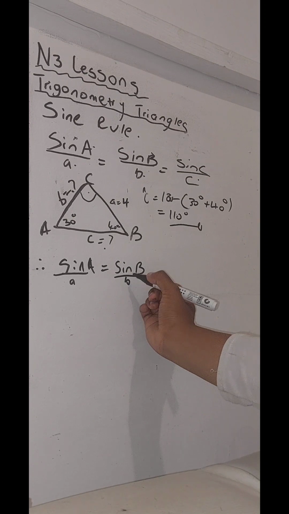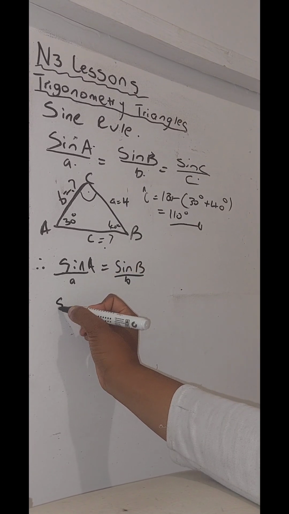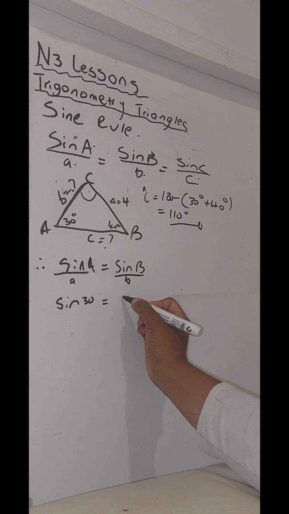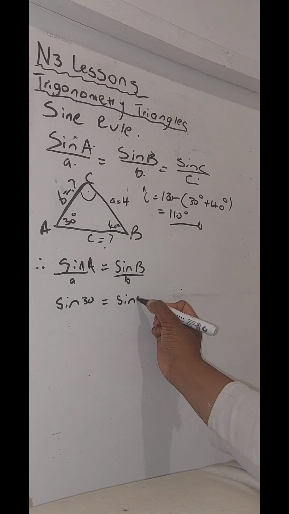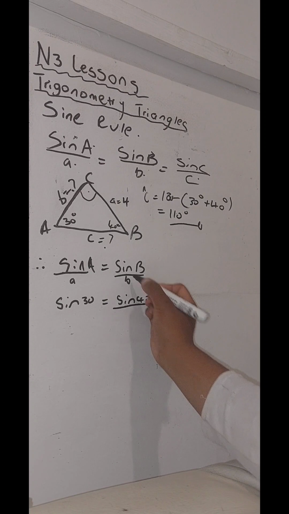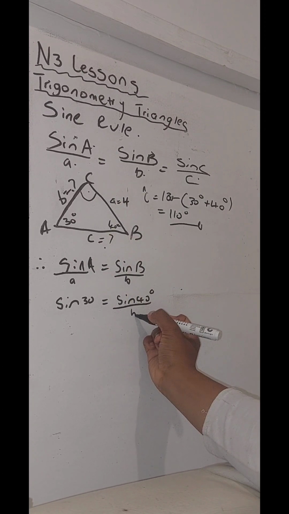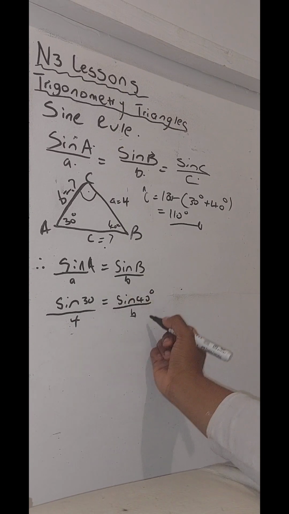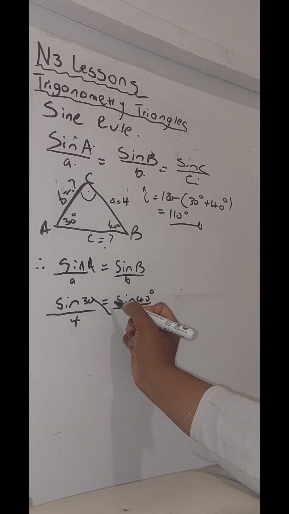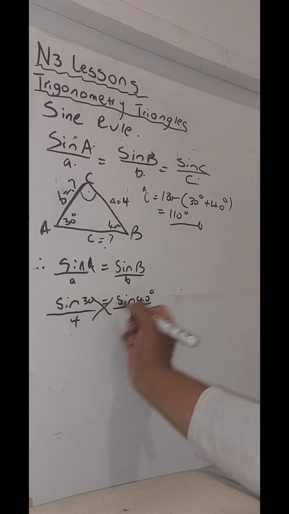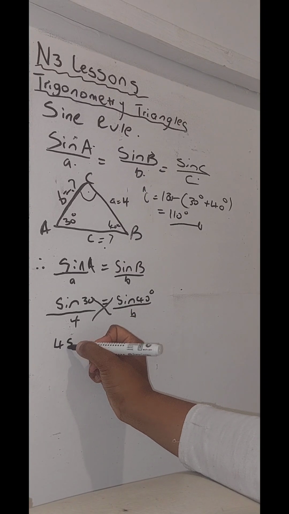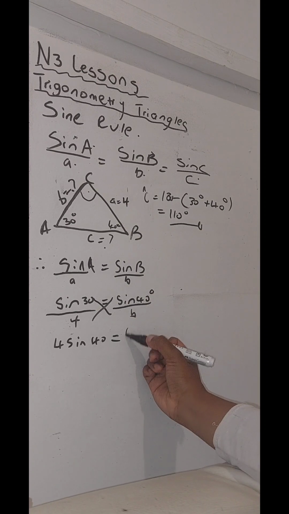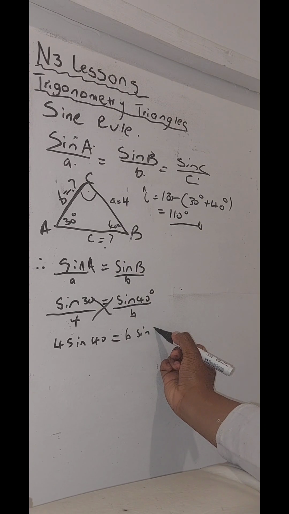We know we're looking for B. So sine 30 over A is equal to sine 40 degrees over B. What is B? We don't have B. We are looking for B. A is 4. We cross multiply here, guys. That means here is going to be 4 sine 40 is equal to B sine 30.